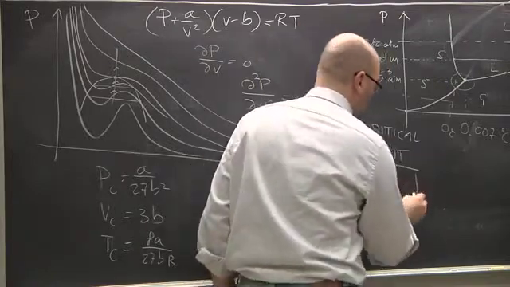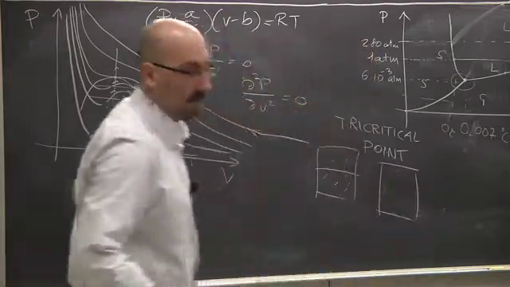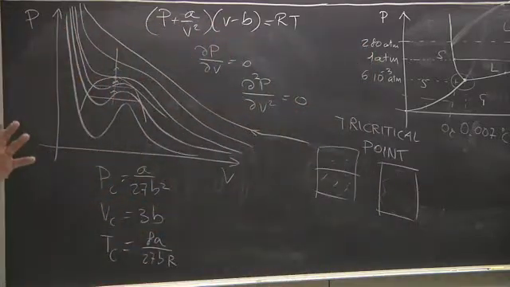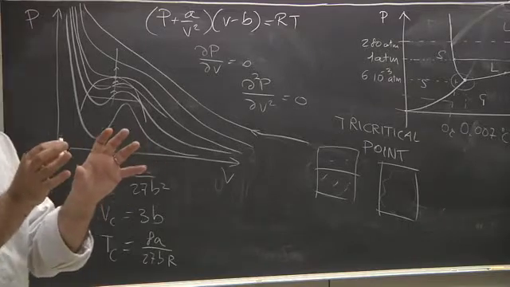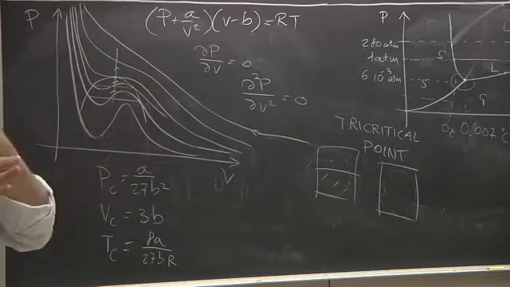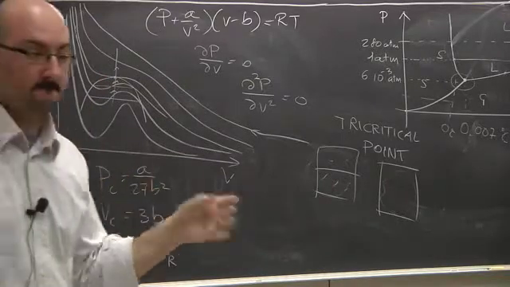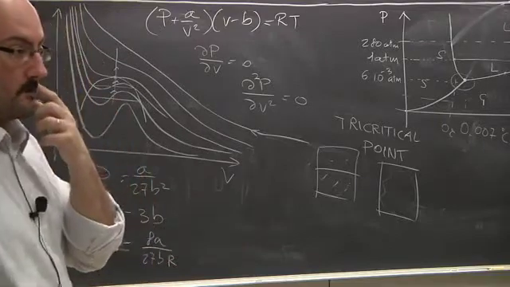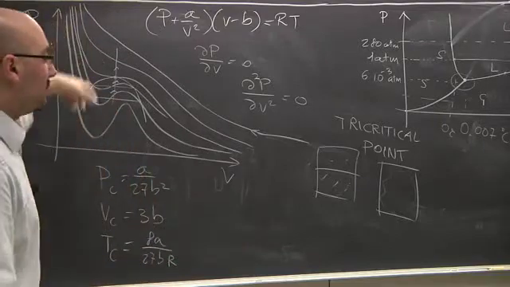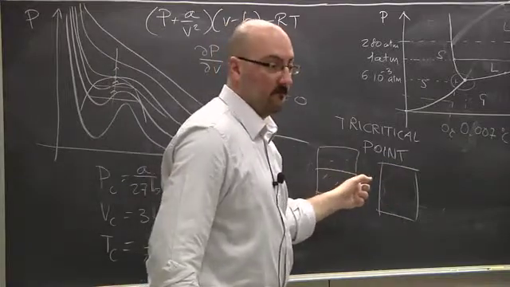The liquid and gas have the same density, and they look exactly the same. So they mix into each other, and you don't see the difference anymore. If you lower the temperature, then at a certain point, you have to return to this situation.